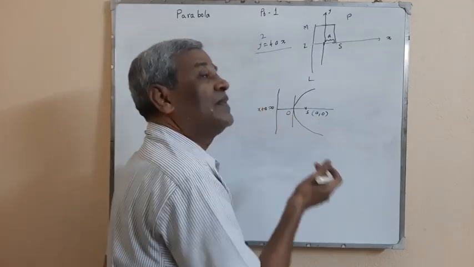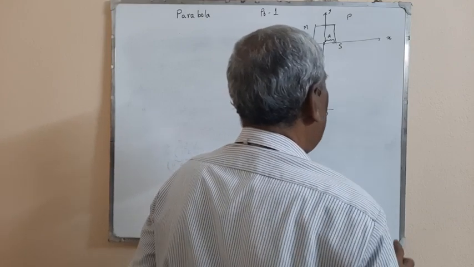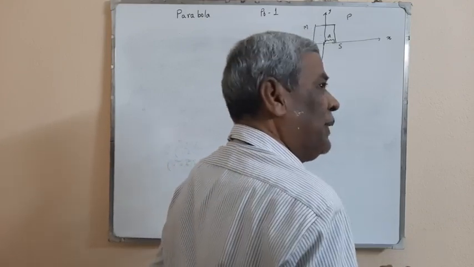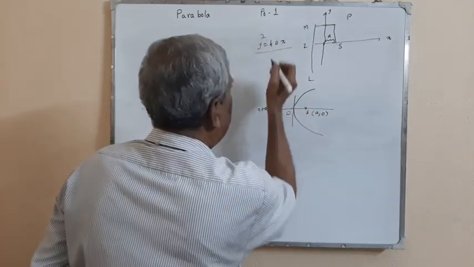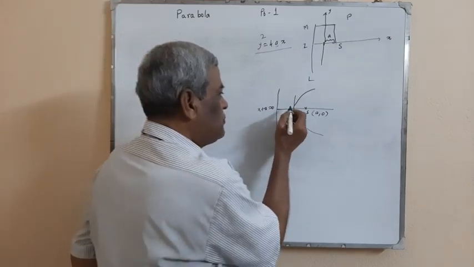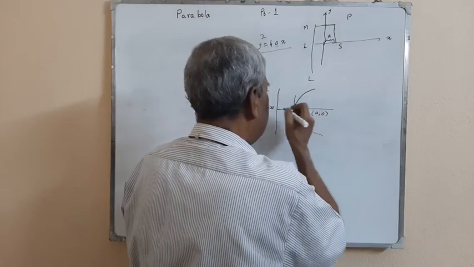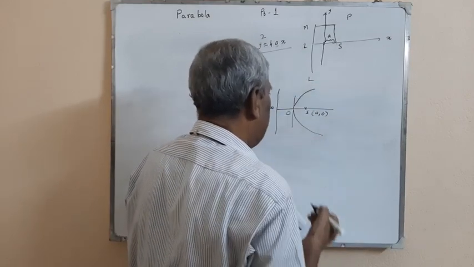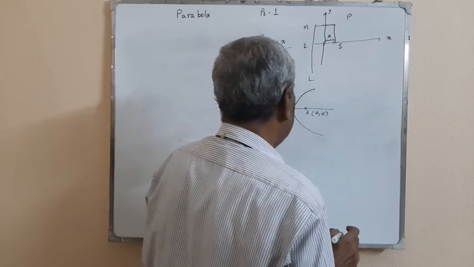Now, this fixed point is known as the focus of the parabola and normally denoted by a, 0. This is the vertex of the parabola, 0, 0. This is the equation of the directrix, which is x plus a is equal to 0.